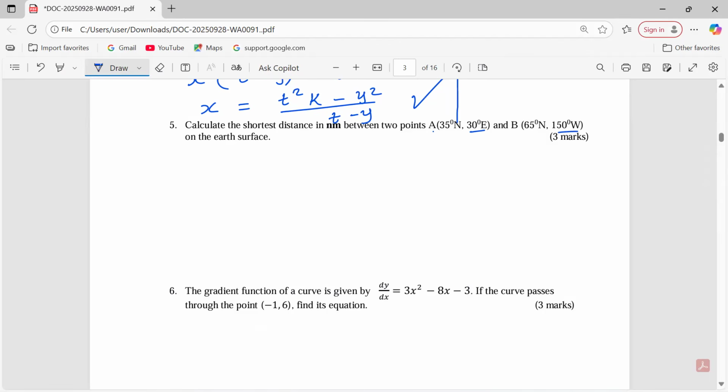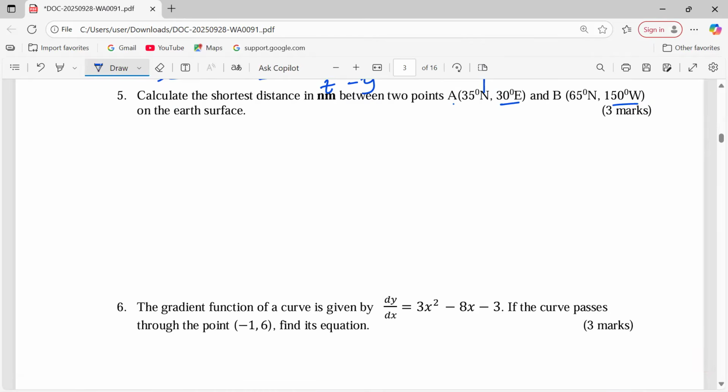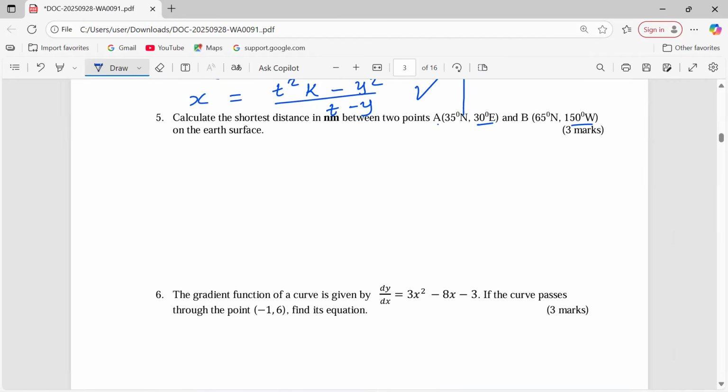The thing I've been emphasizing, we are now dealing with what you call supplementary longitudes, whereby if you want to cover the shortest distance, then you shall move across the poles this way. I'm picking the circle. Allow me to sketch it.